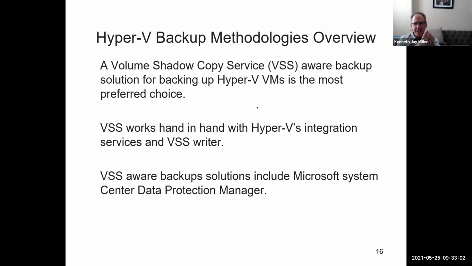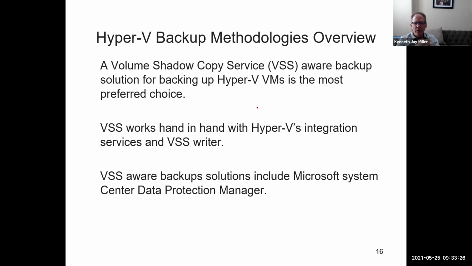The problem with that is I need to be aware of that, and I may not have multiple versions. And then the last one is to use a Volume Shadow Copy Service aware backup solution. That's my best option. Now, VSS works hand in hand with Hyper-V's integration services and the VSS writer.